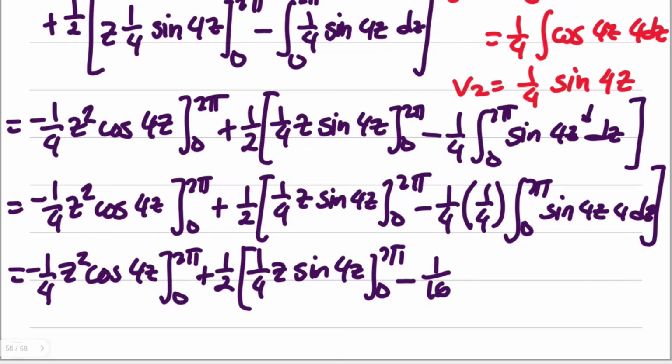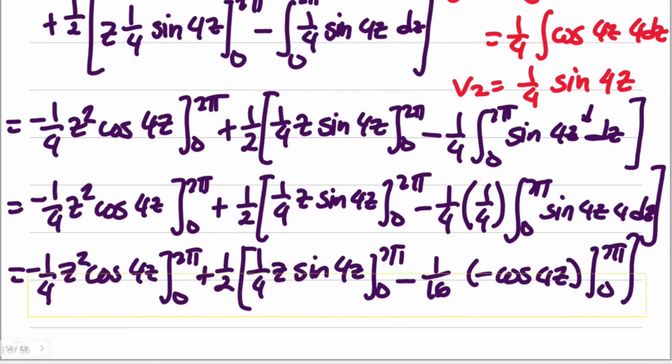Okay, 1/16. That's minus times the integral of sine 4z. We can integrate that. The result for it is negative cosine 4z, 0 to 2 pi. Okay, so allow me to copy this and then add another page.